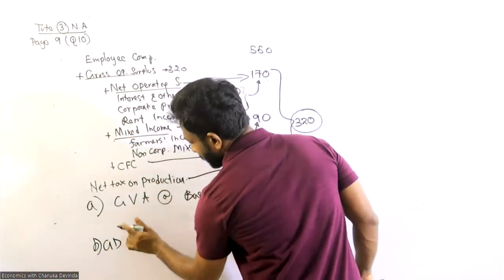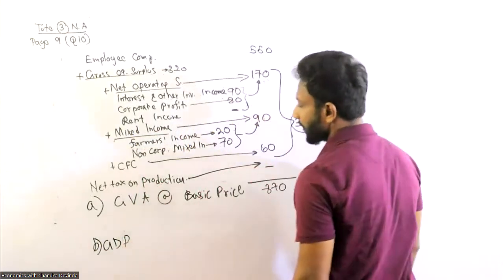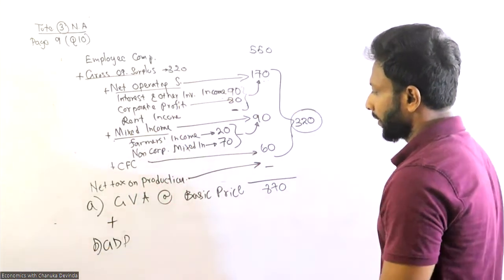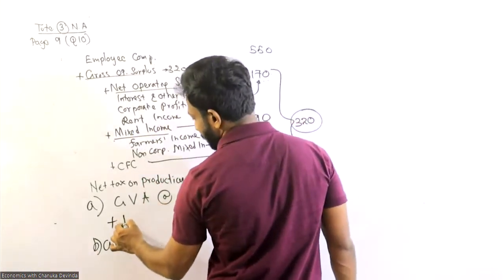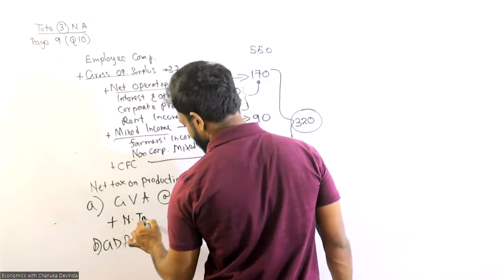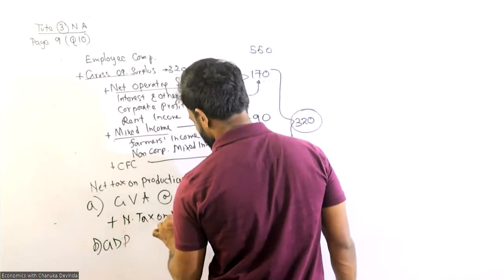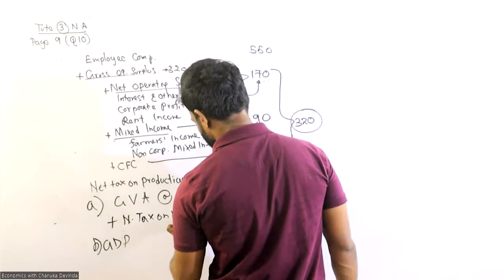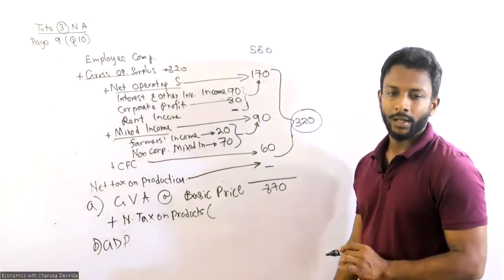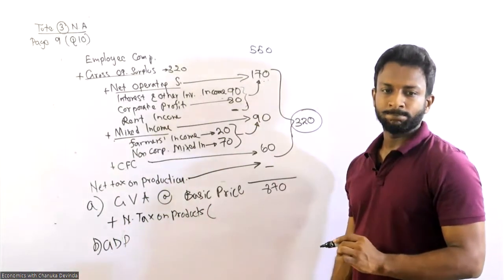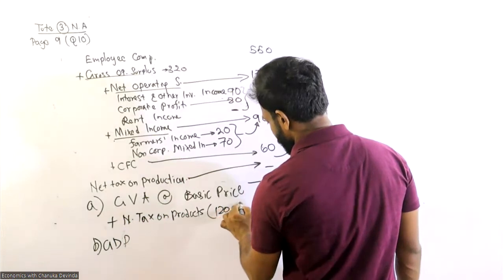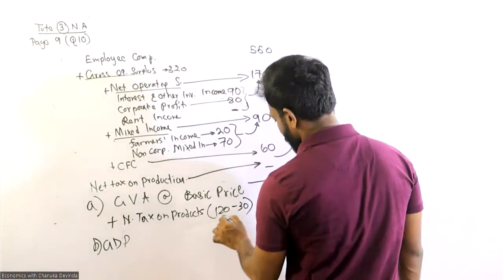So how to transfer GVA to GDP? By adding net tax on products. So net tax on product is equal to tax 120 minus transfers 30, it is 90.